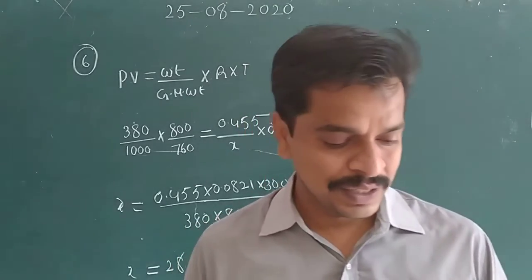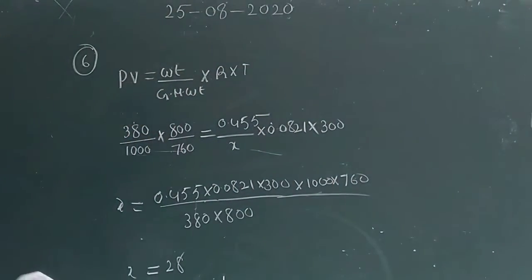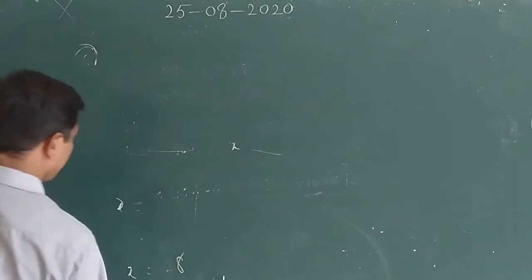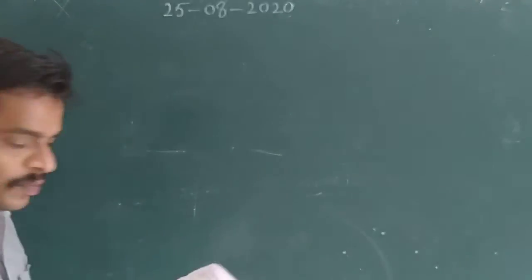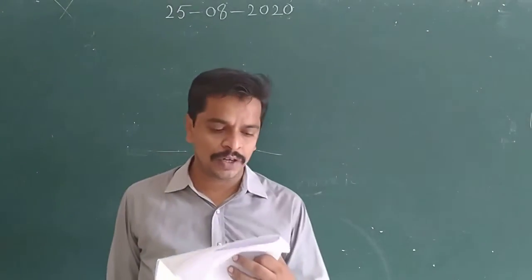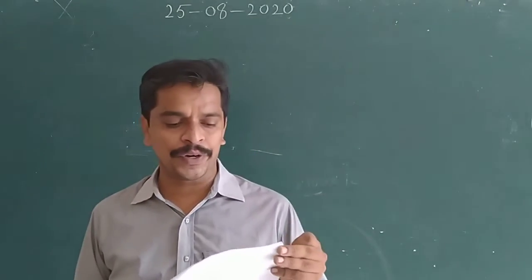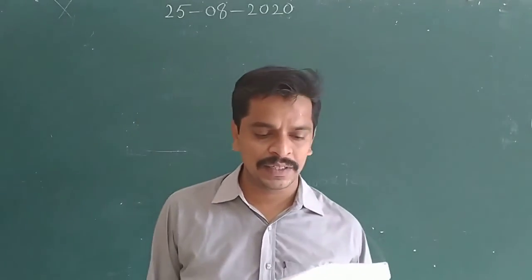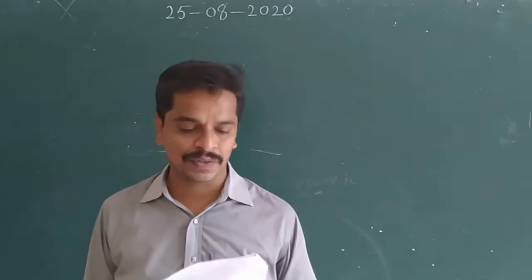Question number 7, students. 34.05 ml of phosphorus vapors weighs 0.0625 grams at 546 degrees and 0.1 bar pressure. What is the molar mass of phosphorus?